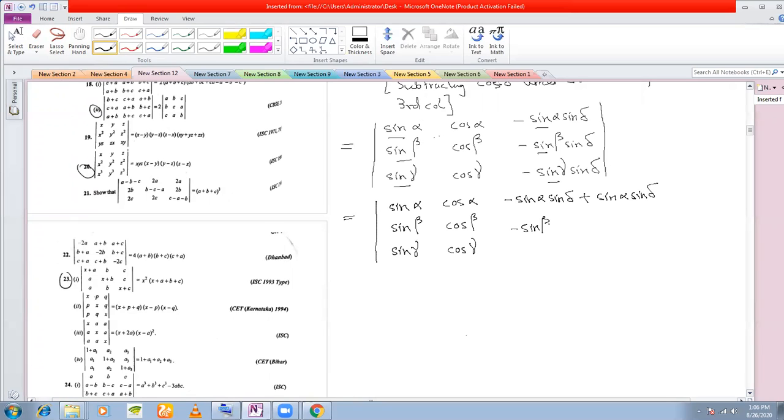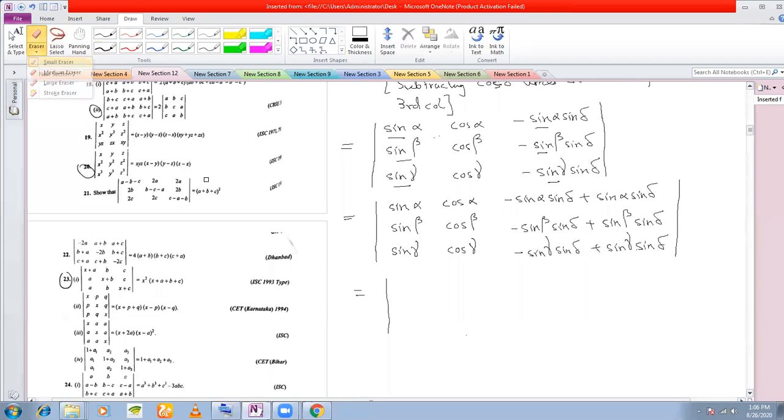Minus sin beta sin delta plus sin beta sin delta. Minus sin gamma sin delta plus sin gamma sin delta, right? So all this cancels.